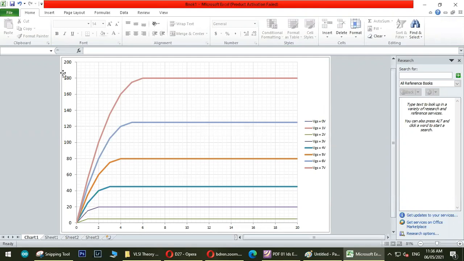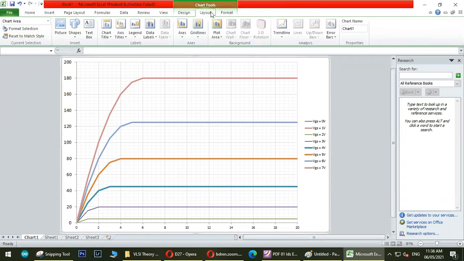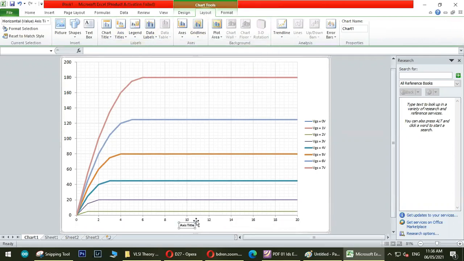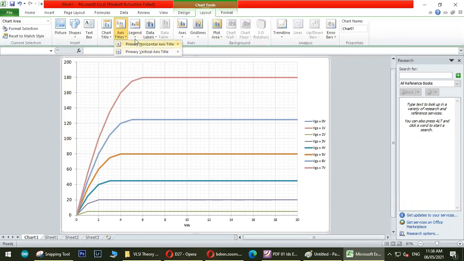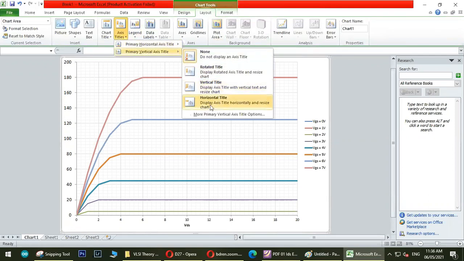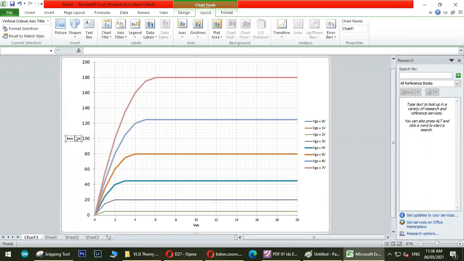By the way, you can write IDS, you can write VGS. How to do that? You can go to the layout and see the axis title. Here you can put VDS. Then you can write IDS.